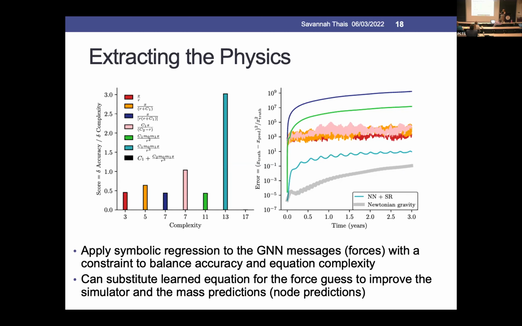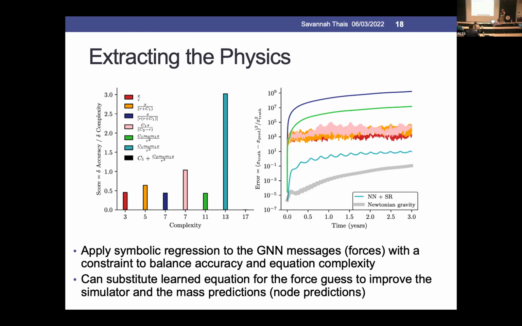And then you can actually take that equation back and improve your network. So instead of doing a random force guess or a learned force guess, you can use this equation to do the force calculation and further improve the accuracy of your model. And they've demonstrated that this approach can work in more complex systems as well.